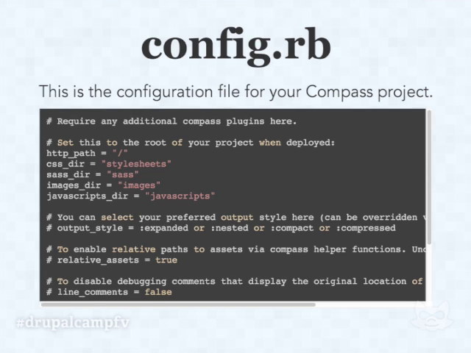You don't have to remember how many directories deep you're nested and how many dots and slashes do I need. And then line comments will actually output in compiled CSS a reference back to the line number in your SCSS file for you. So if you're kind of reading through the compiled CSS, it'll tell you where it came from.